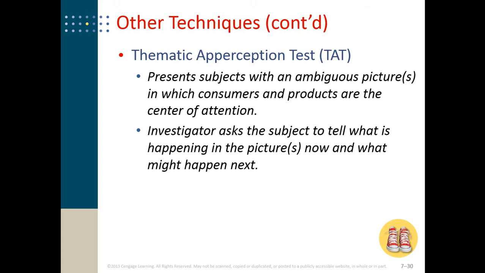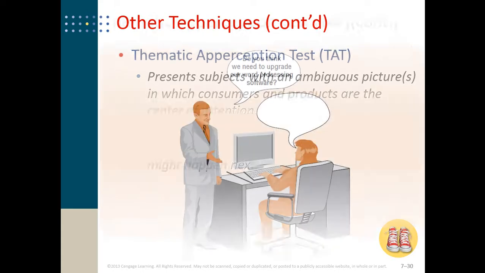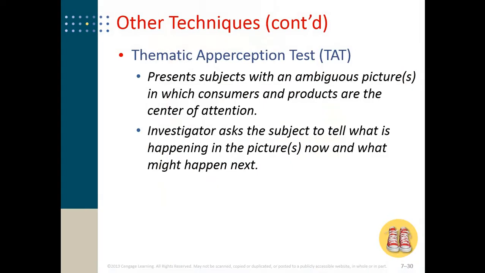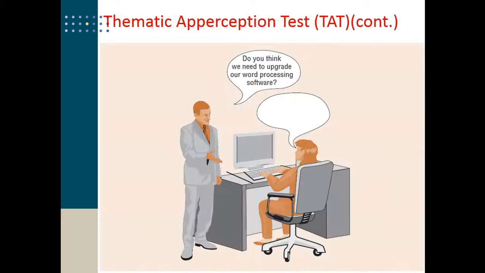This is the last one, the thematic apperception test. Here, the researcher provides an ambiguous picture to the respondent, and the respondent is asked to tell a story. For example, look at this picture. Researchers will show this type of ambiguous picture to respondents, and respondents will be asked to complete it.